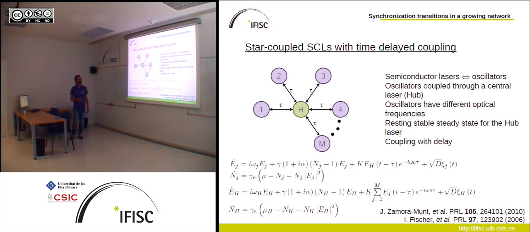As I said, we use a pump current for the hub laser in the resting stable steady state, which means a pump current below the solitary laser threshold, and this for the hub. For the star lasers, we studied two cases: what happens above the solitary laser threshold and below the solitary laser threshold.